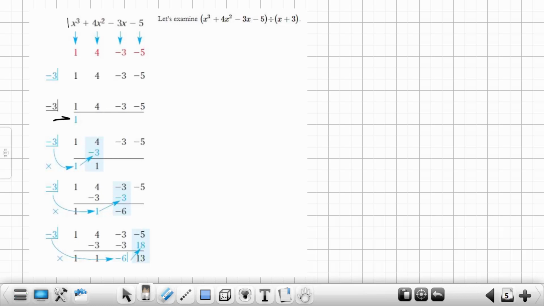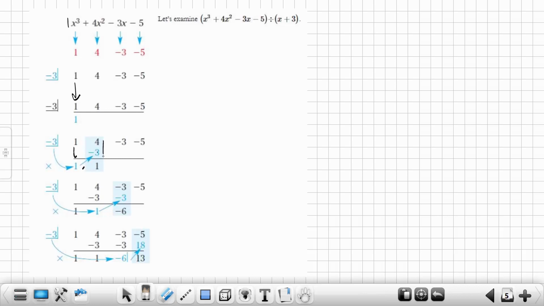Then they did negative 3 times 1 and got negative 3. You remember that? No? So the first step, Sada, is always just to drop the 1 down. Okay? So the 1's been dropped, then you do negative 3 times 1, you get negative 3.